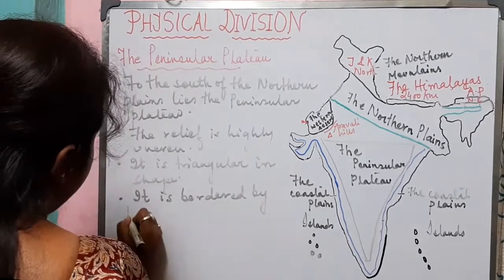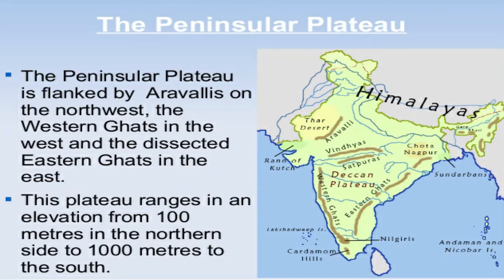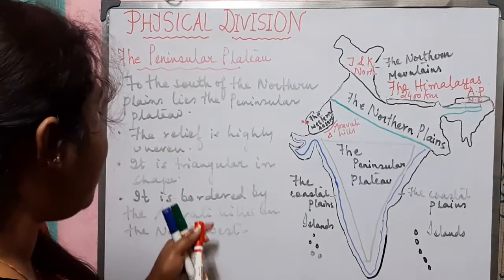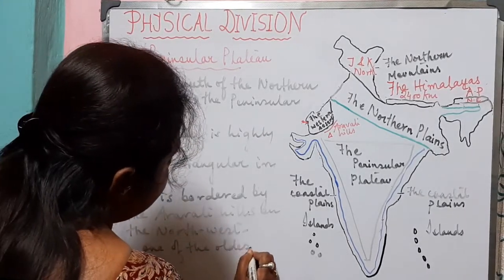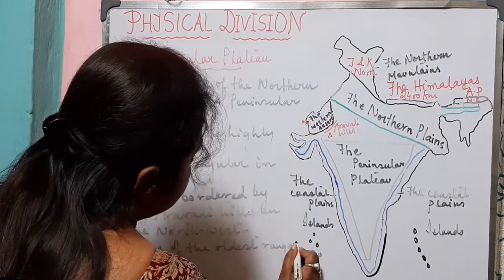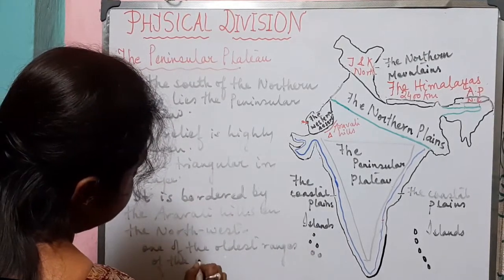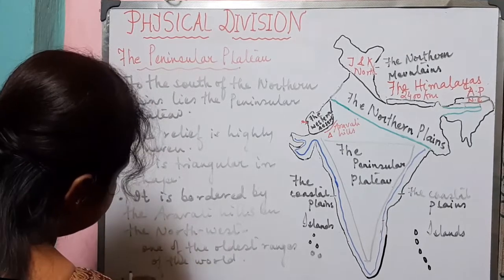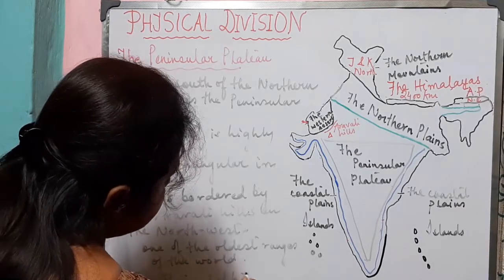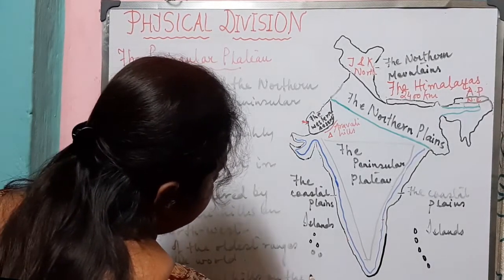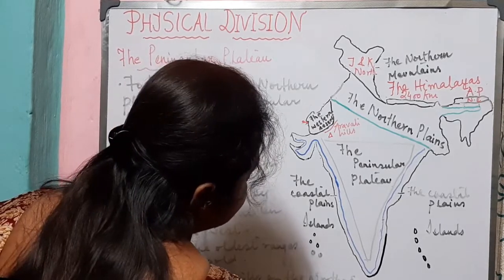Now the Peninsular Plateau is bordered by the Aravalli Hills on the northwest. Now let me tell you that Aravalli Hills is one of the oldest ranges of the world, and it is bordered by the Rajmahal Hills on the northeast.